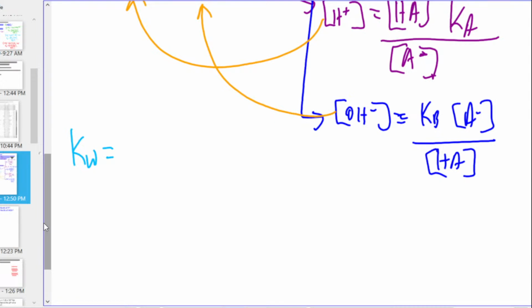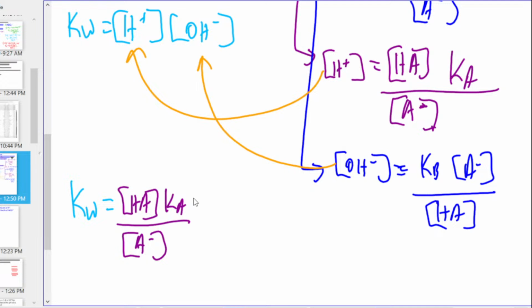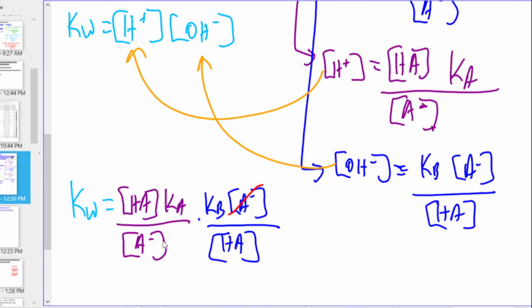The Ka times Kb is Kw. So you've just derived that formula. You take the H plus, you take the other one, and everything ends up canceling out.